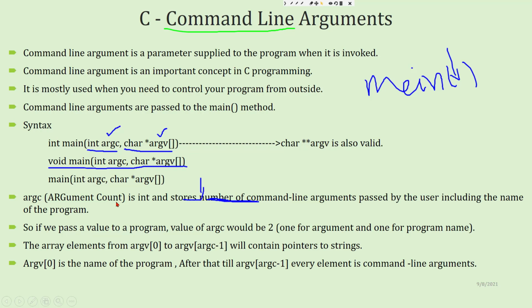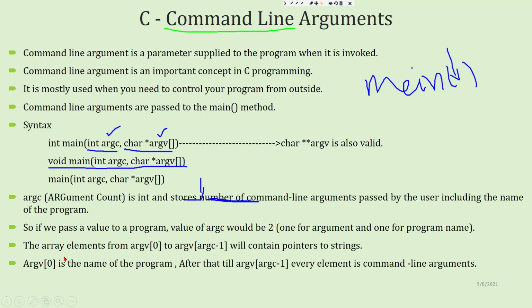So argc will contain the number of arguments passed by the user, including the name of the program. If we pass a value to a program, the value of argc would be 2, one for the argument and one for the program name.